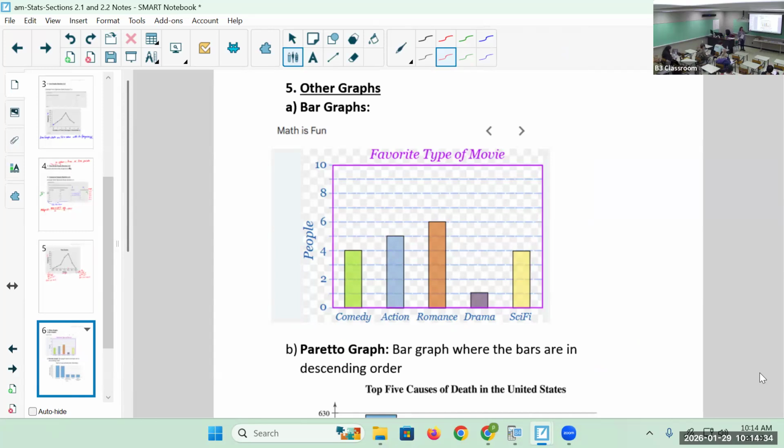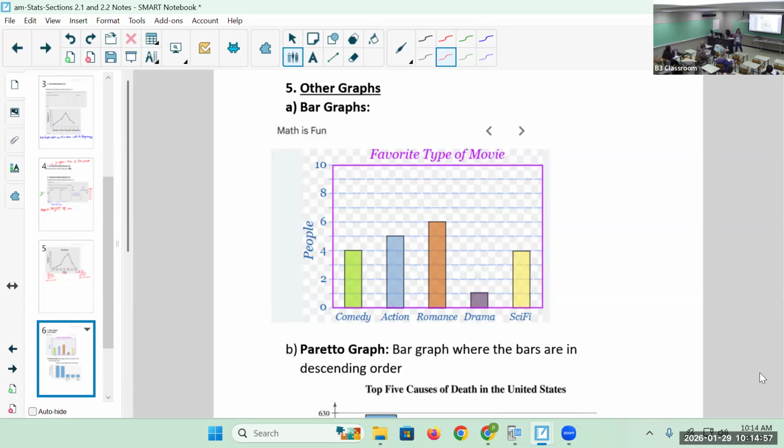This is not a histogram. Notice that on the x-axis, I don't have numerical values. I have categorical data, like the favorite type of movie. Now, I do have a frequency on the y-axis. How many people said their favorite movies are romance or drama or sci-fi?